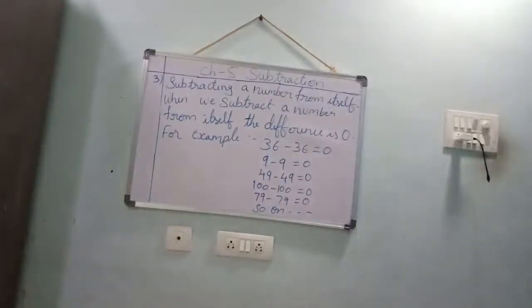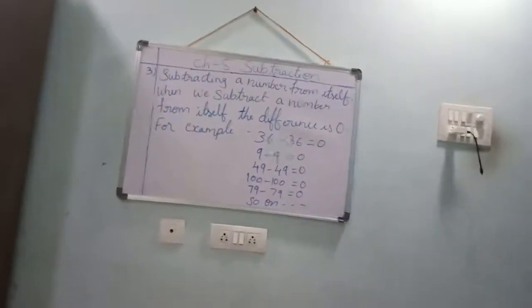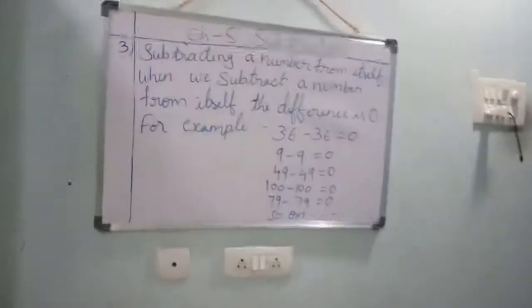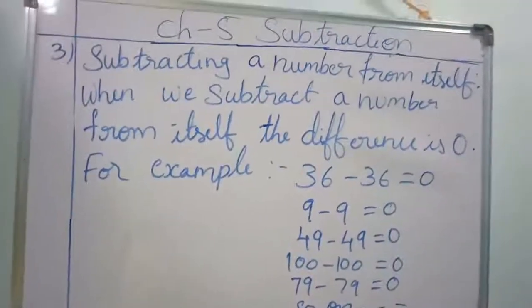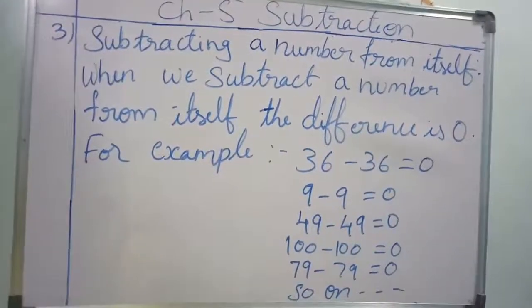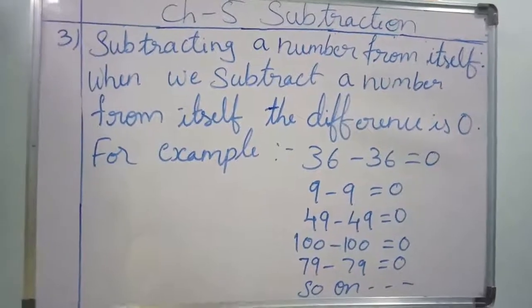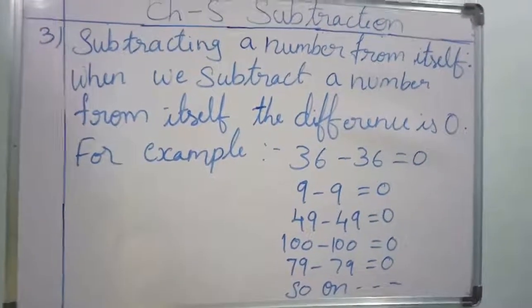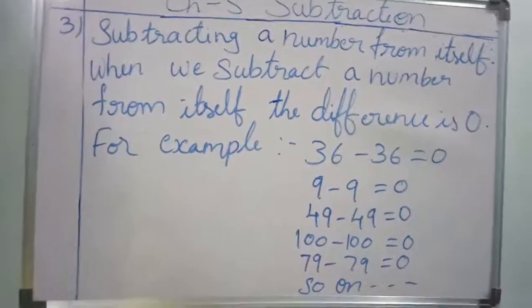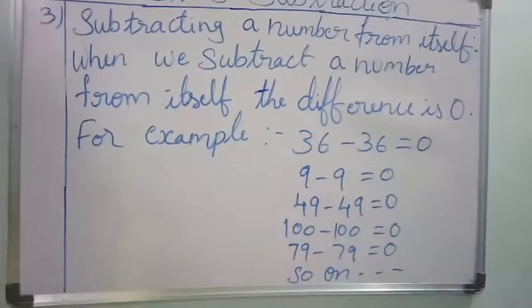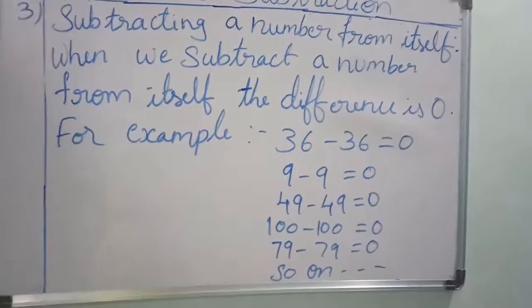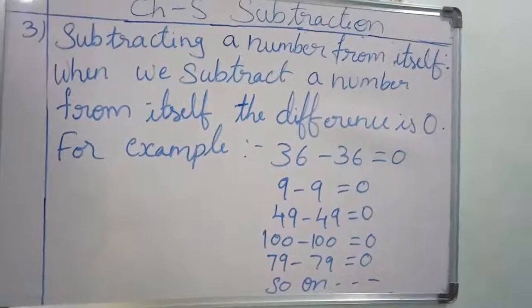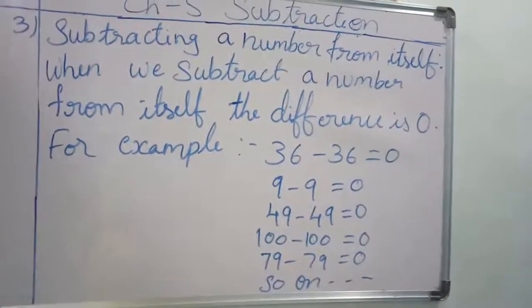Understood, children? Third one, what is that? Subtracting a number from itself. When we subtract a number from itself, the difference is 0. Always it will come, the difference is 0 only.